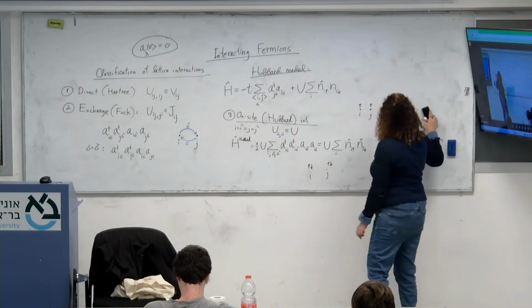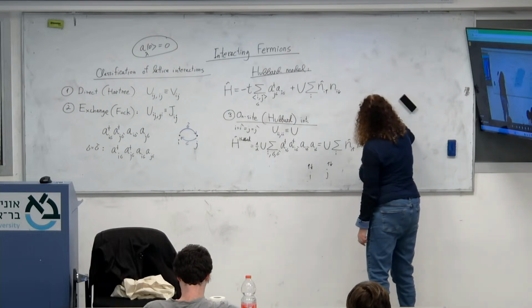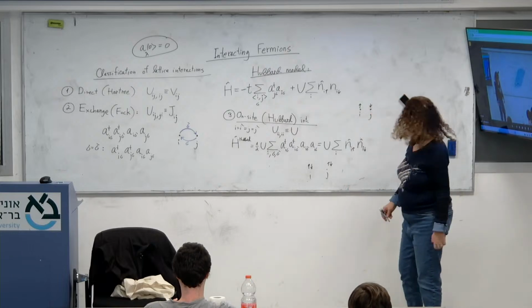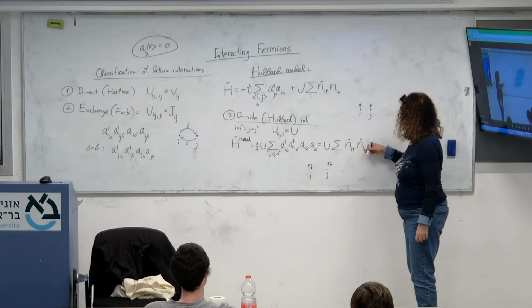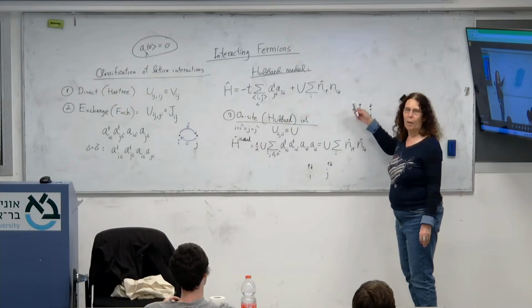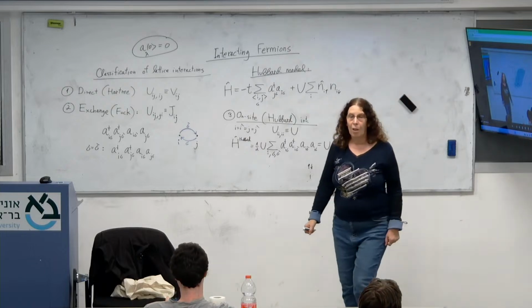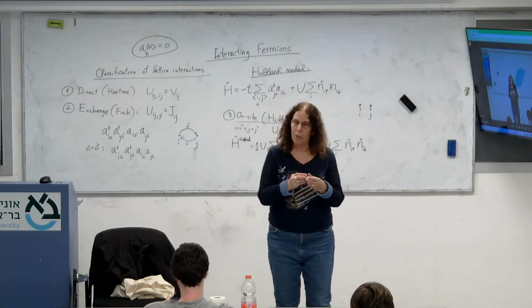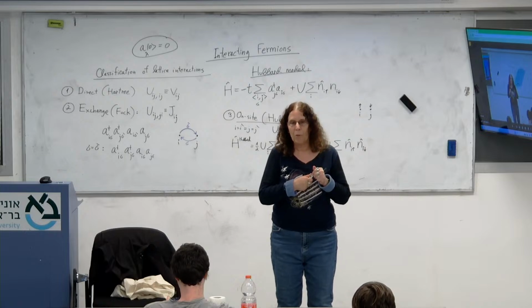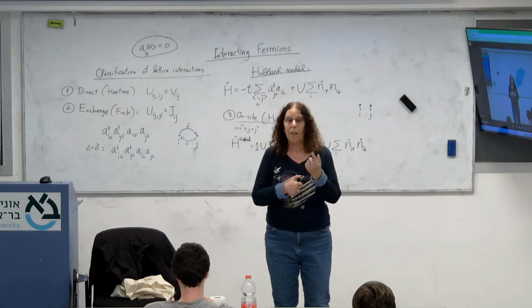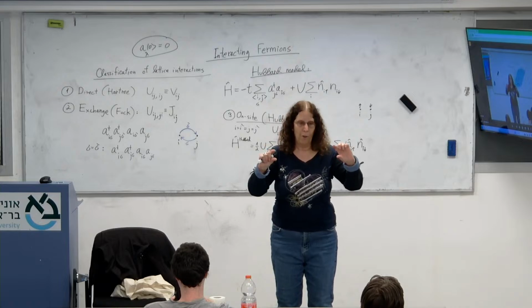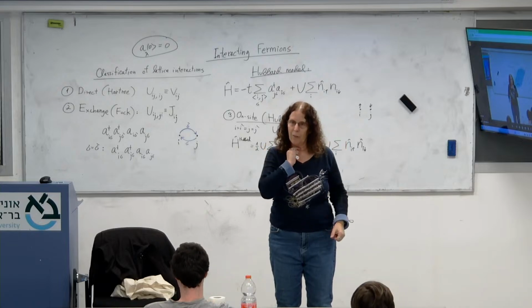But if the neighbor has opposite spin, I can actually gain energy by going back and forth. So therefore, one can prove that the favored ground state is going to be an antiferromagnet, where the neighboring sites favor opposite spins.